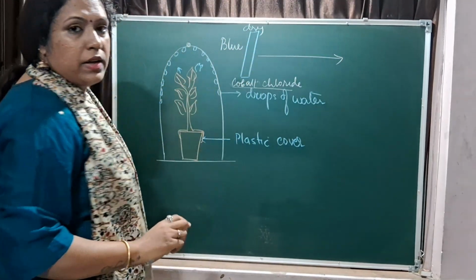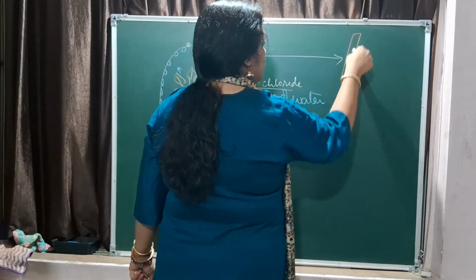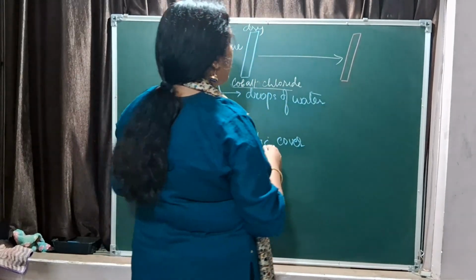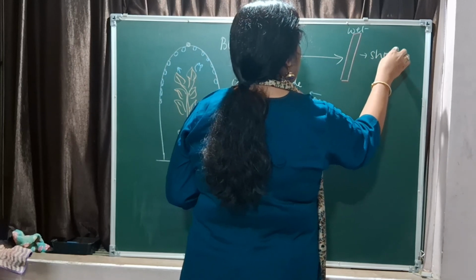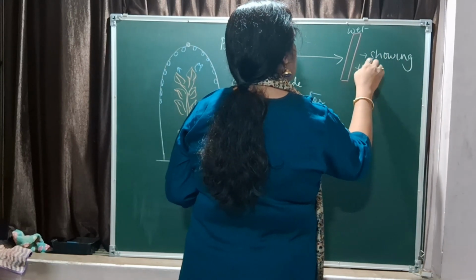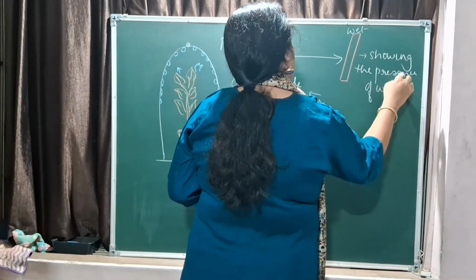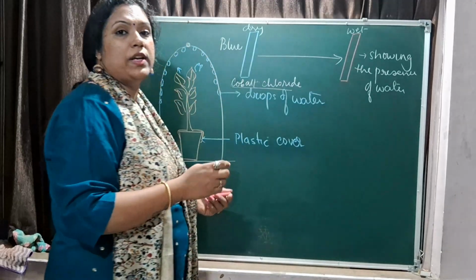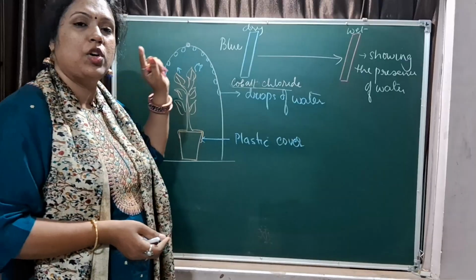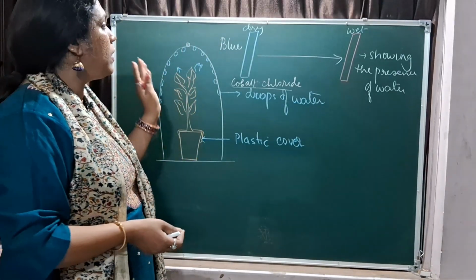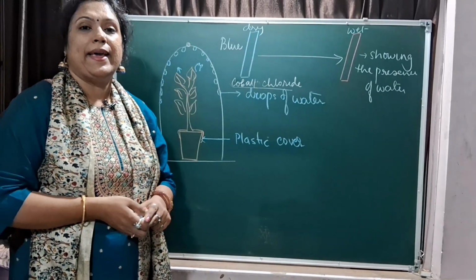When you keep it here, after some time you will realize that the color of the cobalt chloride paper has turned pink, showing that it is wet. That means showing the presence of water. So cobalt chloride paper is required to detect moisture. If moisture is present, it will turn pink, and if there is no moisture, it will remain blue. So cobalt chloride paper can detect the presence of moisture, hence can be used in the transpirational experiments.